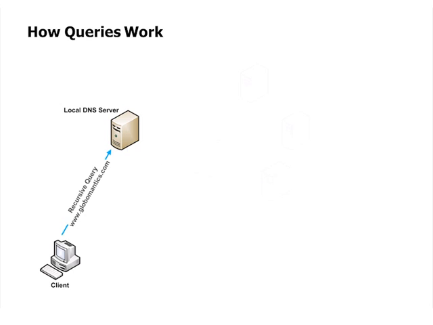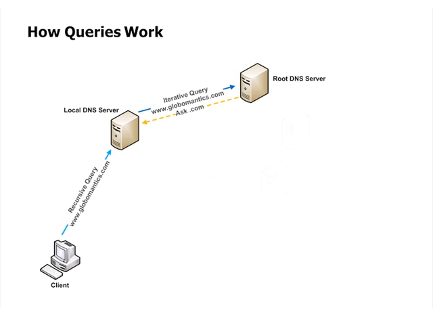Now, the DNS server, in this case, the local DNS server, does not know the answer. So what it's going to do is it's going to do what's called an iterative query out to one of the root DNS servers out on the internet. I mentioned those root hints and those root DNS servers. So it's going to say, hey, root DNS server, do you know who www.globalmantics.com is?